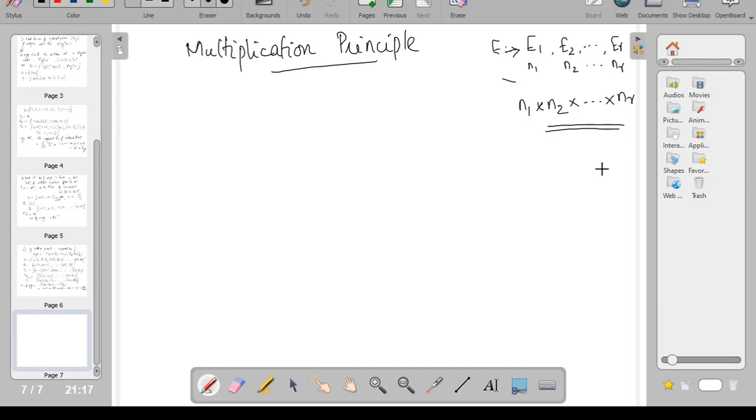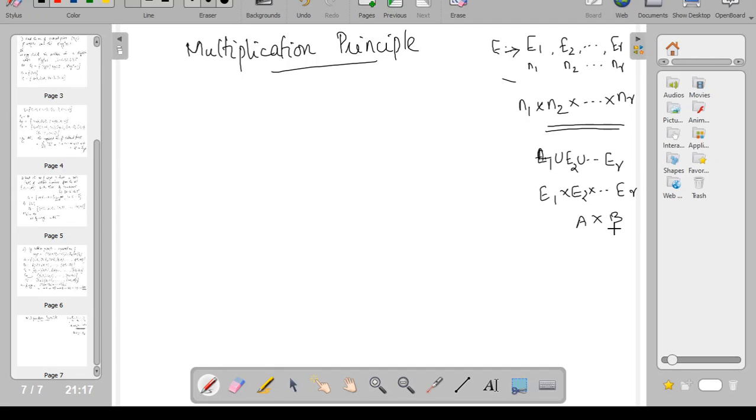When we took the addition principle, we were looking at the number of elements in E1 union E2 union etc. ER. Here you will be looking at the number of elements in E1 cross E2 cross etc. ER. That is the Cartesian product.